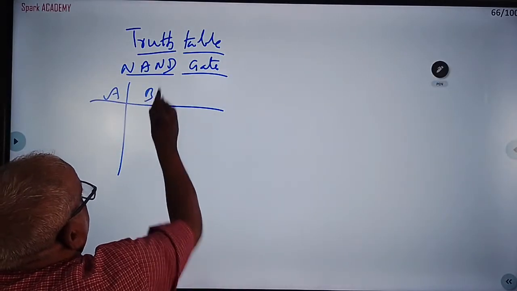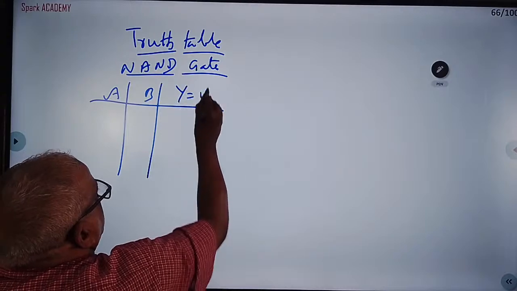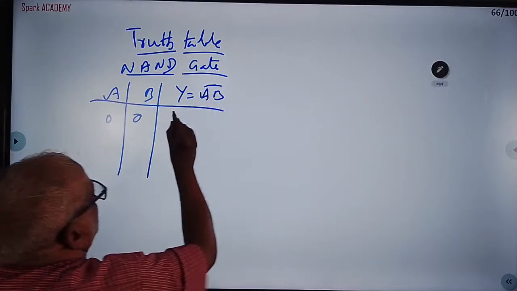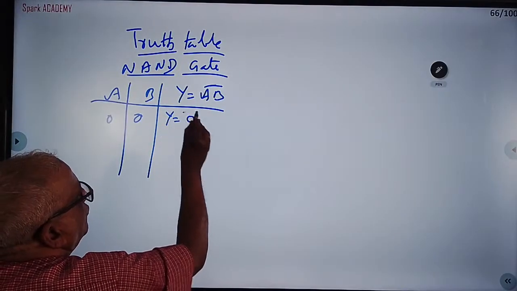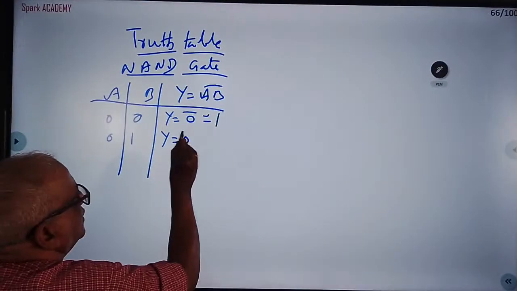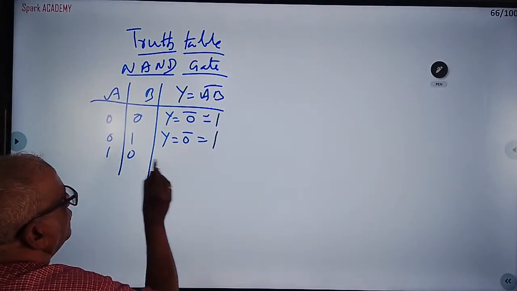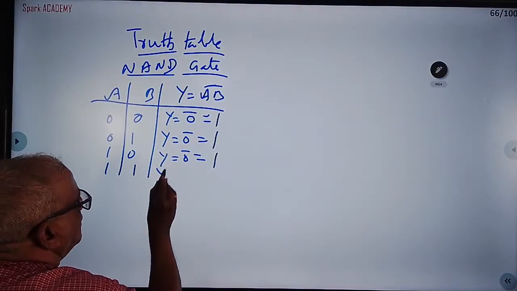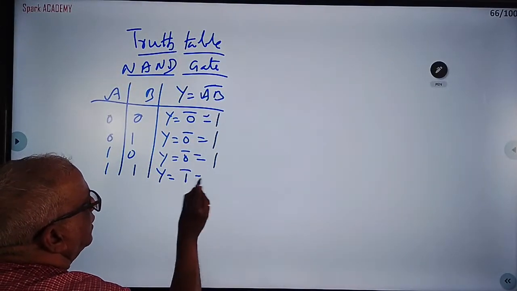Inputs A, B and output AB bar. A 0, B 0: A into B is 0, 0 bar is 1. 0 into 1 is 0, 0 bar is 1. 1 into 0, again 0 bar is 1. 1, 1: Y equals 1 into 1, 1 bar is 0.